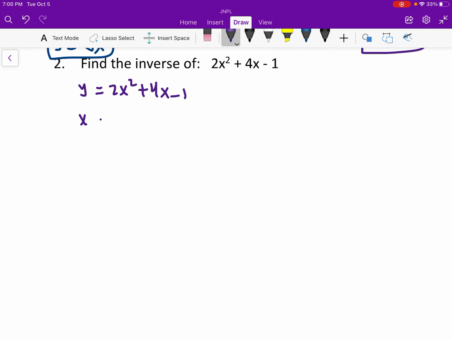So we switch x and y: x equals 2y squared plus 4y minus 1. Now, this one's a little bit tricky because we have 2 y's. That's not usually going to be the case. So let's just change this. Let's pretend that this term doesn't exist. So it's just 2x squared minus 1.